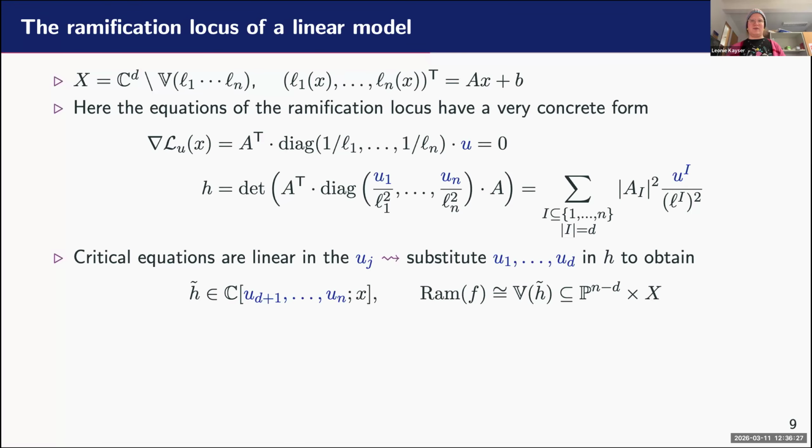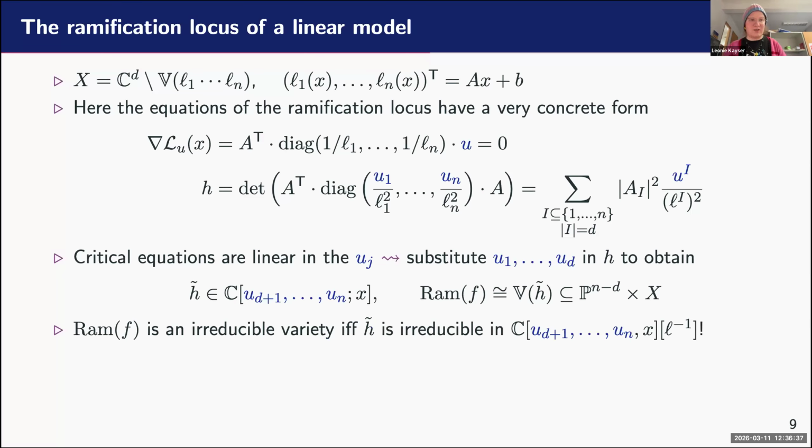And the ramification locus is then, because this is just a substitution, isomorphic to the vanishing set of this particular one polynomial. So the ramification locus is an irreducible variety exactly when this polynomial is an irreducible polynomial. So this is a purely algebraic statement about one particular, be it quite complicated, polynomial.